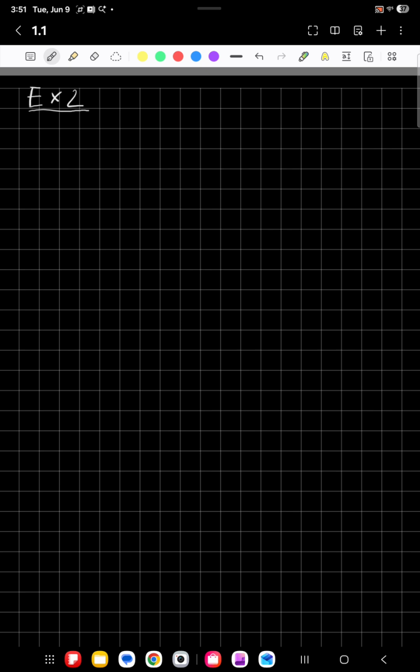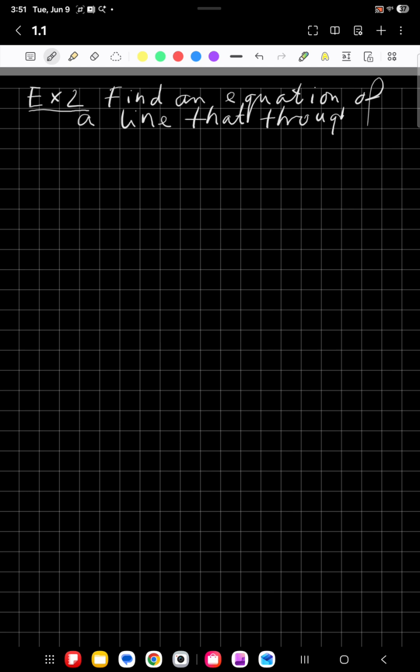So again, we'll be finding equation of just a straight line, a line that passes through a point. This is O. And the point is 2, -1.